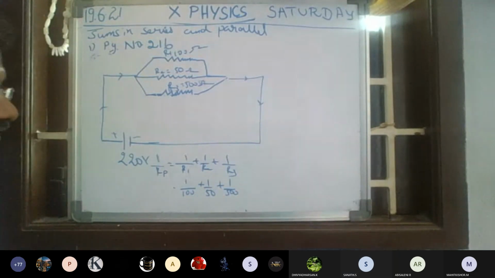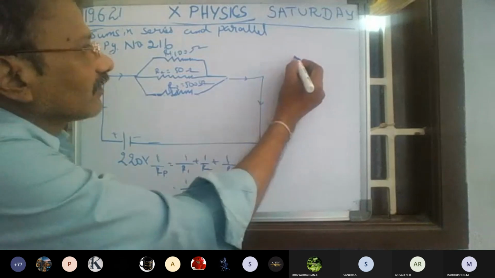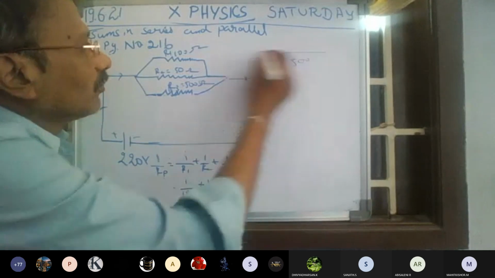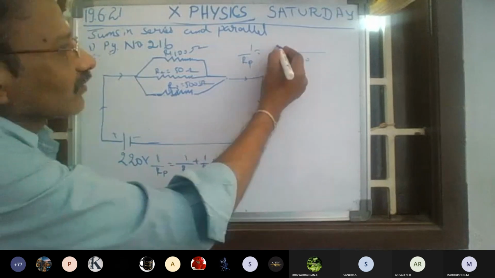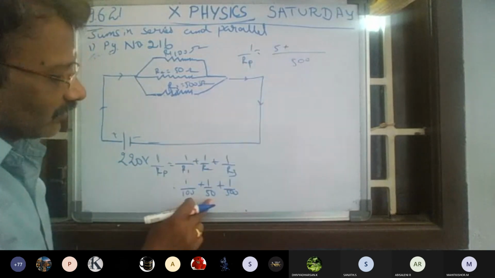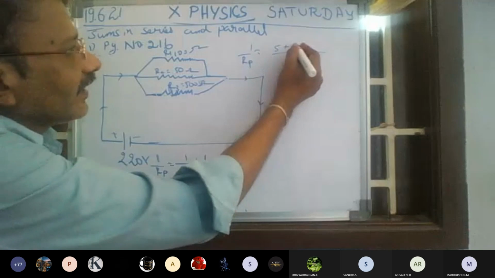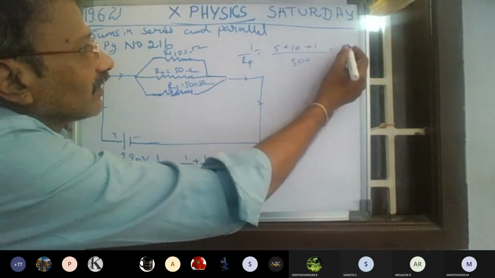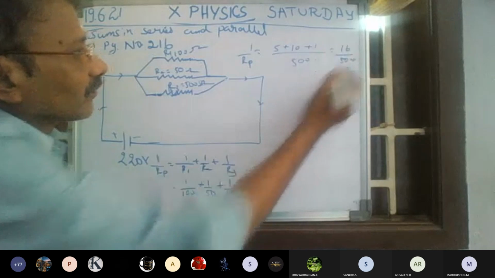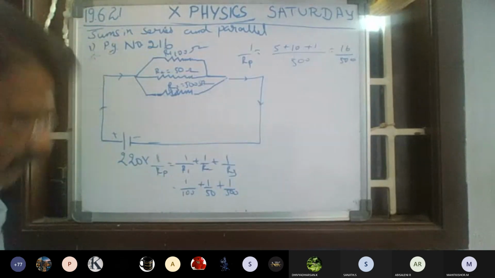What will the LCM be? 500. So 1 by Rp is equal to 1 by 500 times (5 plus 10 plus 1), because 50 goes into 500 ten times and 500 goes one time. I get 16 by 500.